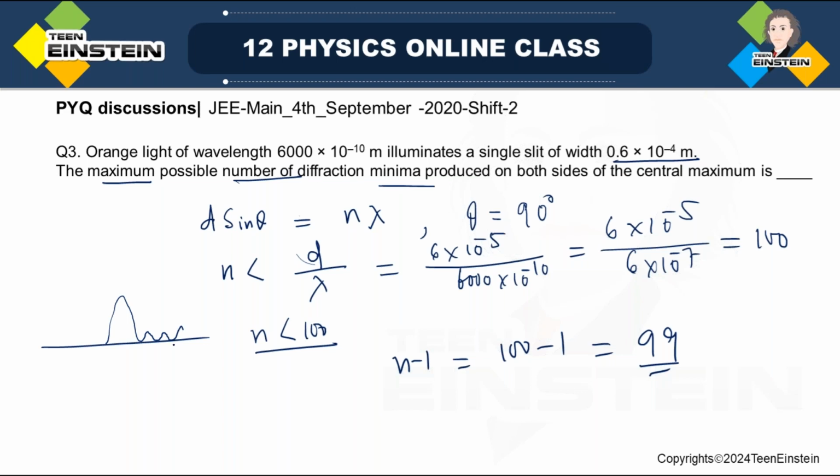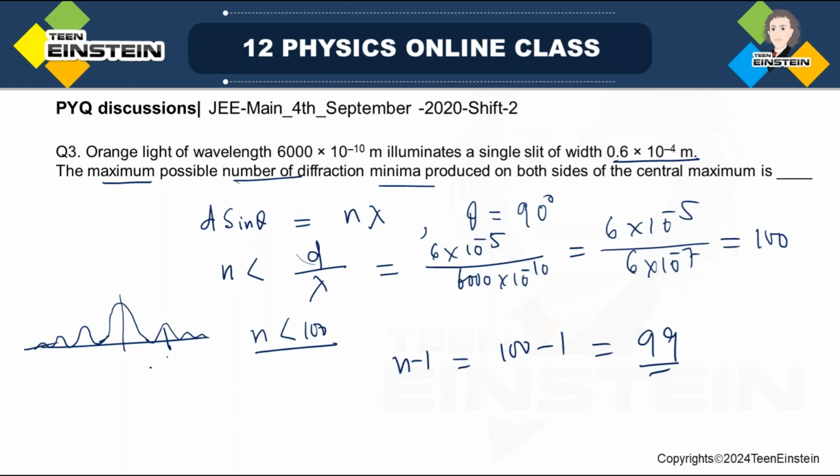Sorry, let me read all this. So suppose this is your central maxima, somewhere like this. Okay, then like that it goes on both sides. See the order of this, the first minima, first maxima, the orders are actually symmetric on both sides.